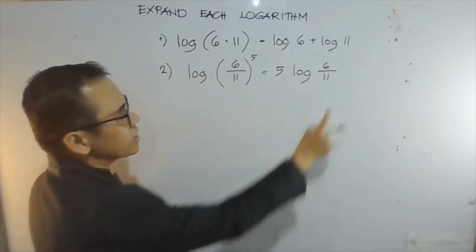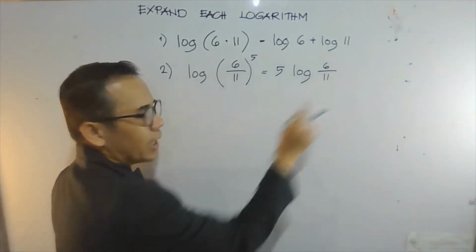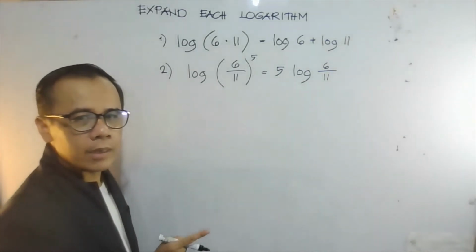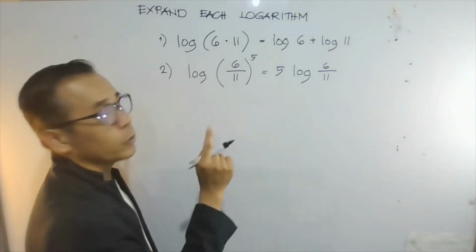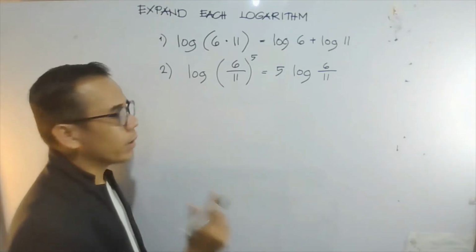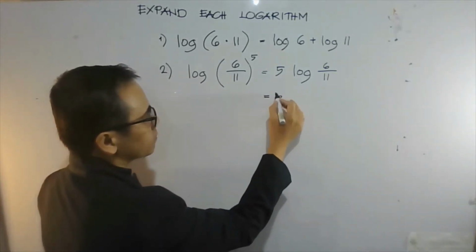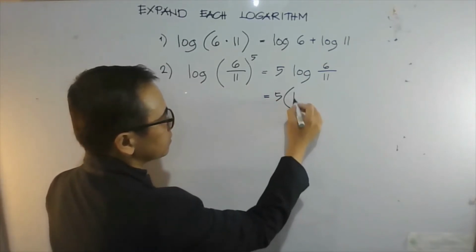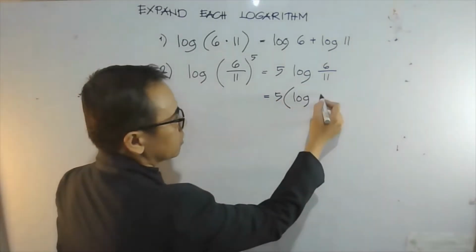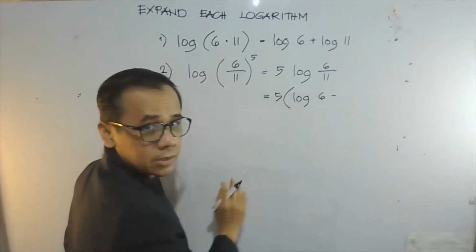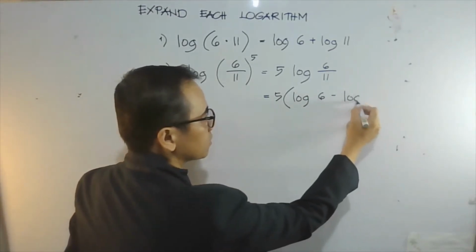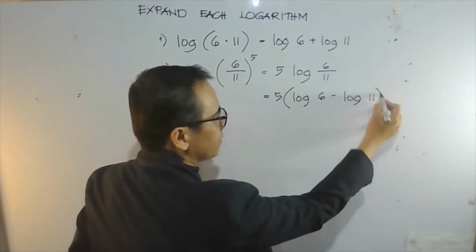But then, since we have the log of 6 over 11, we have to apply the quotient rule to be able to expand it. So how are we going to do it? This is now equal to 5 times the log of 6 minus the log of 11.